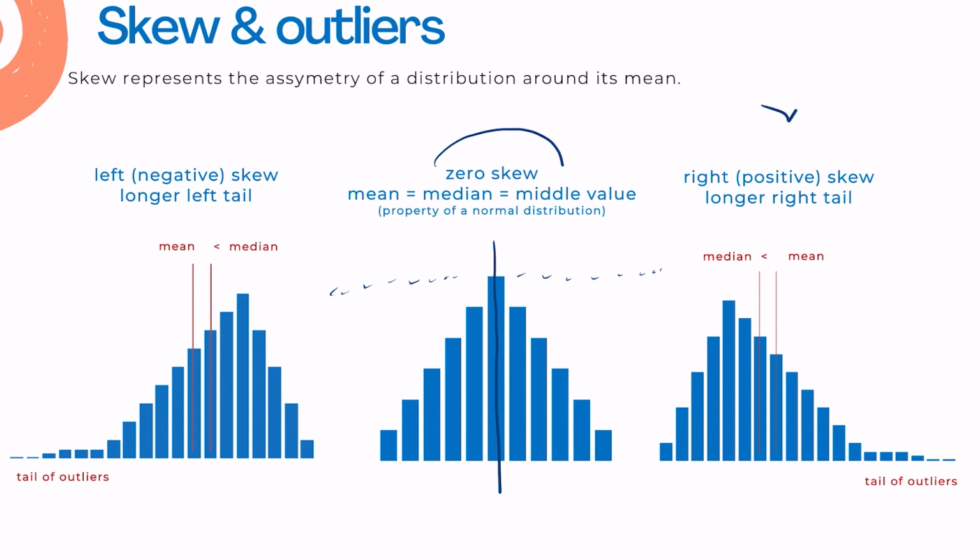However, if we look at this distribution, what we see is to the right, we have a tail of outliers. There are these extreme values that are to the right. This type of distribution is called right skew. It is also called positive skew because these outliers are on the positive side. They are greater than observations here, right?